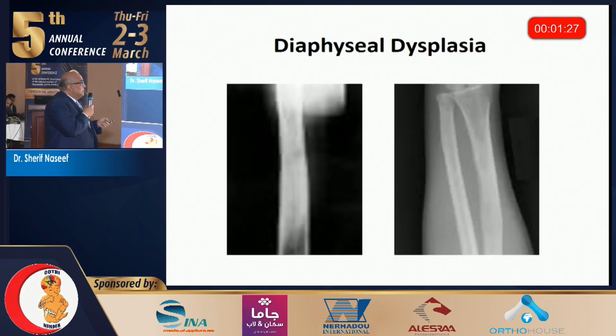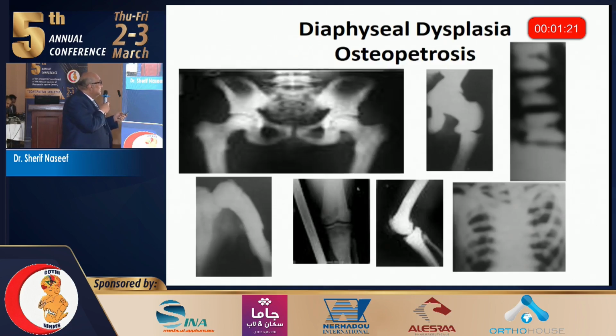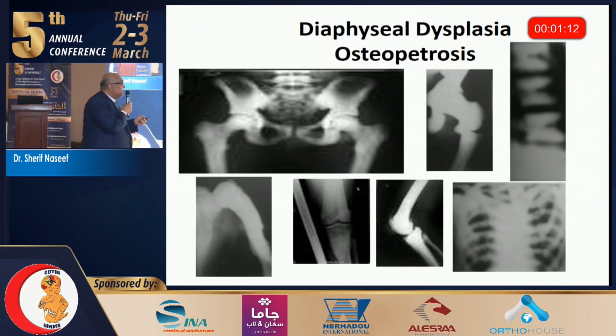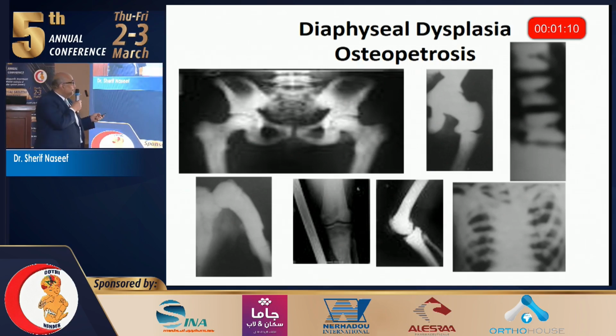Okay? Diaphyseal dysplasia: diffuse thickening of bone and encroachment of the medullary canal, either localized or diffuse. This patient may live and die and not know that he has diaphyseal dysplasia unless it is discovered accidentally by plain radiography. And I think Professor Tariq Tawil will tell us more about osteogenesis imperfecta.